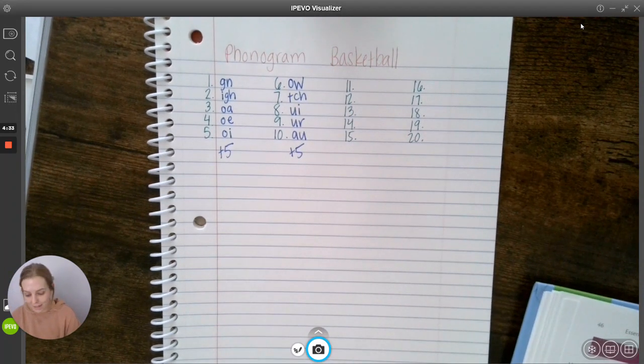Number 11, a, that may not be used at the end of English words. Number 12, 2-letter used only at the beginning of a base word. Number 13, oo, you, that may be used at the end of English words.